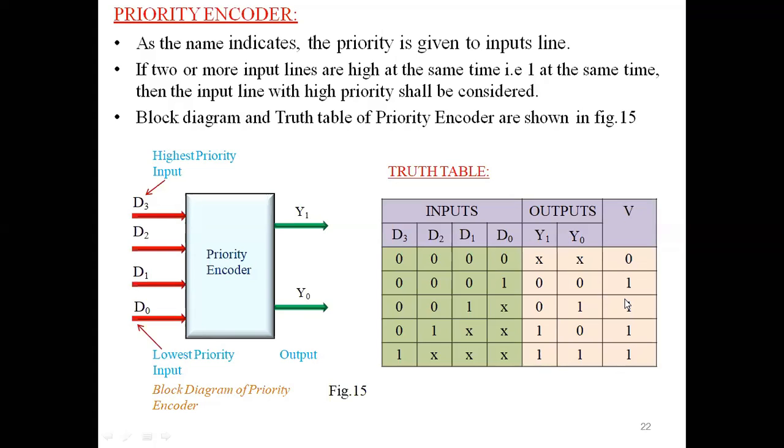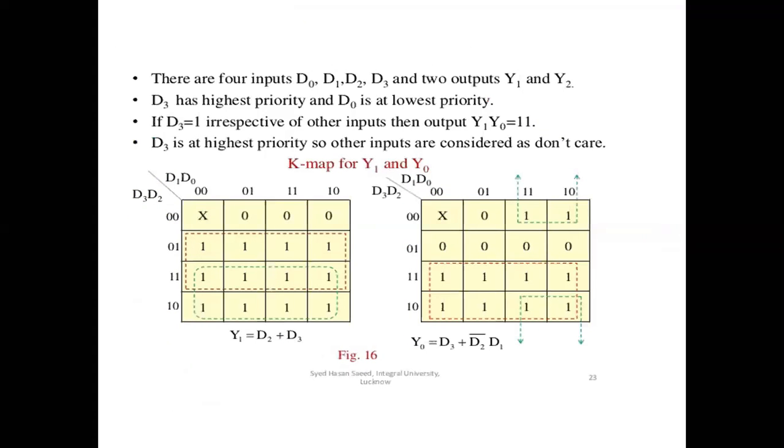We get the Boolean expressions: V is equal to D0 plus D1 plus D2 plus D3, y0 is equal to D3 plus D2 complement and D1, and y1 is equal to D2 plus D3.